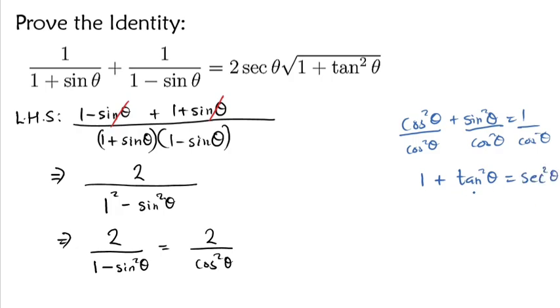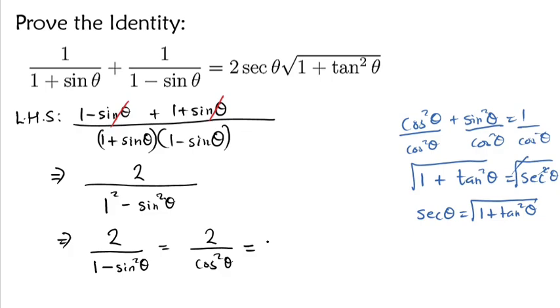If I take the square root on both sides, the square root cancels the square. So this means that sec is equal to the square root of 1 plus tan squared theta. Like that. So that's what's going to help us here.